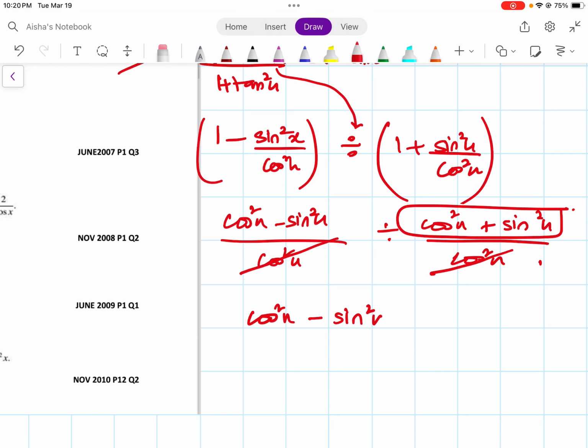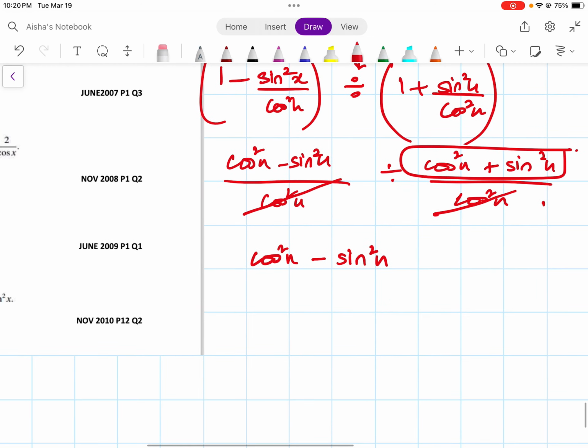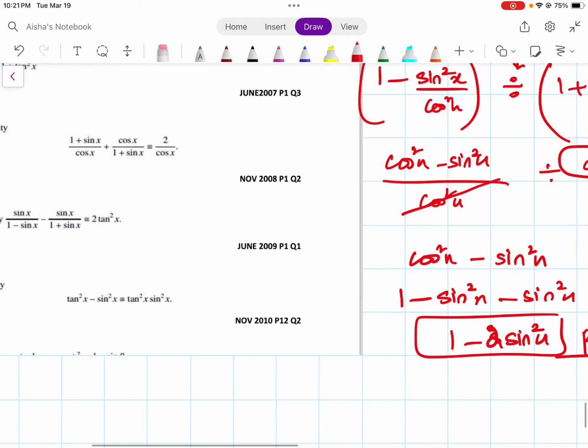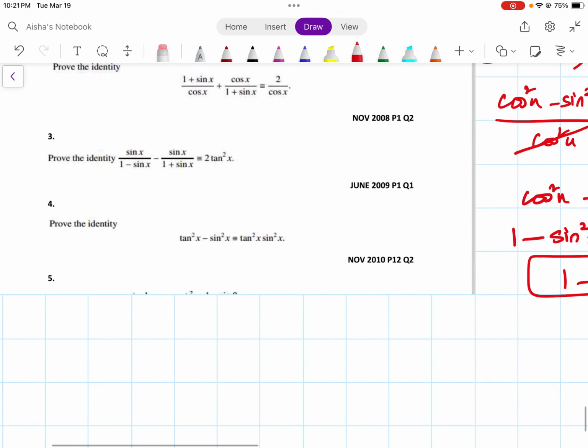So this is what you're left with. And in place of cos square, you will write 1 minus sine square. Again, the use of identity.